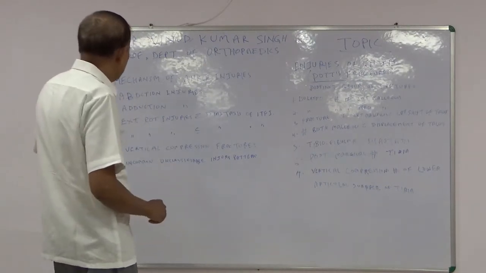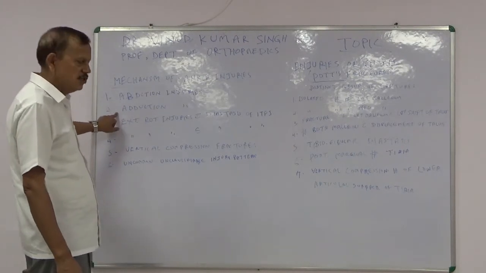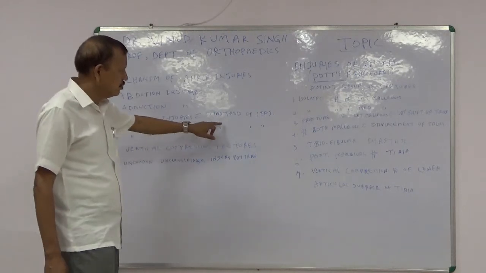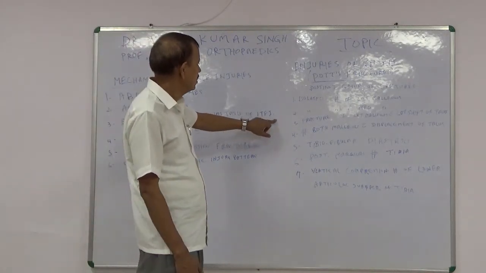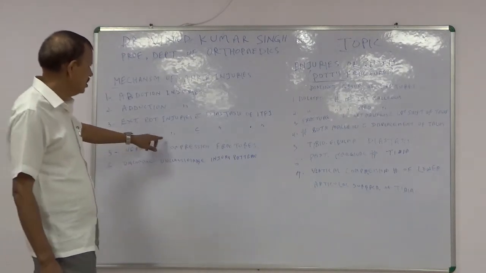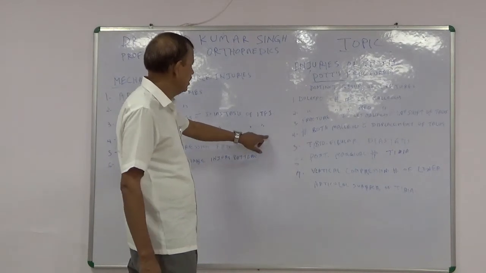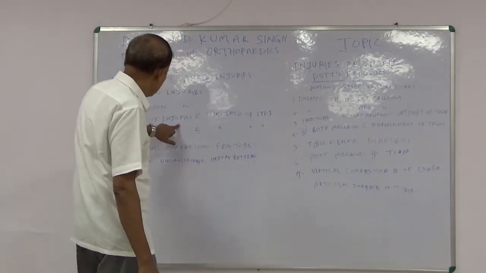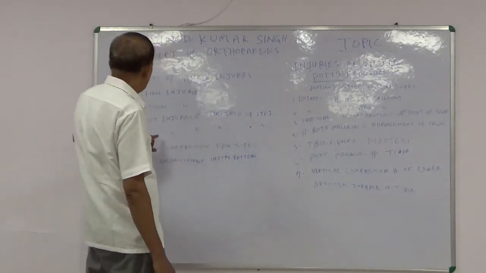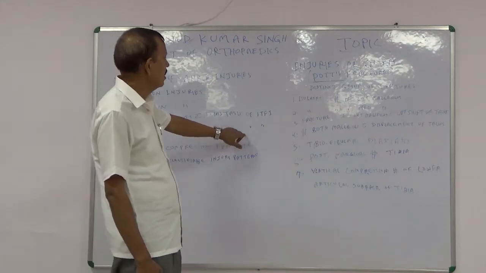There will be abduction injury, adduction injury, then external rotation injury with diastasis of the inferior tibiofibular joint, and next the external rotation injury without diastasis of the inferior tibiofibular joint. These are also called supination external rotation injuries of the ankle joint.